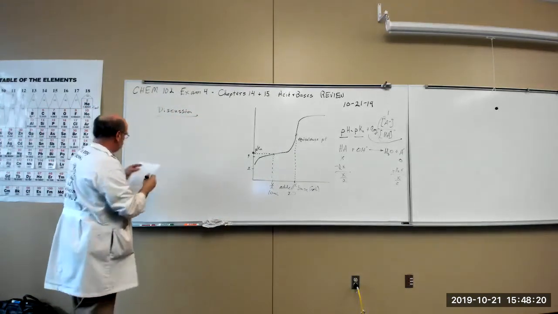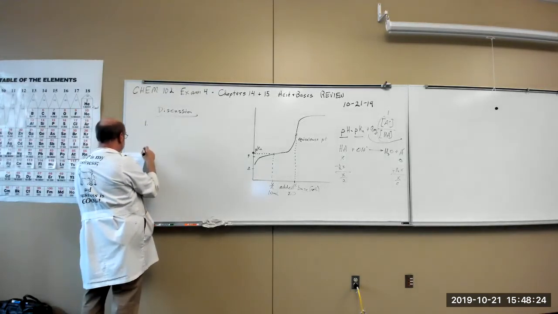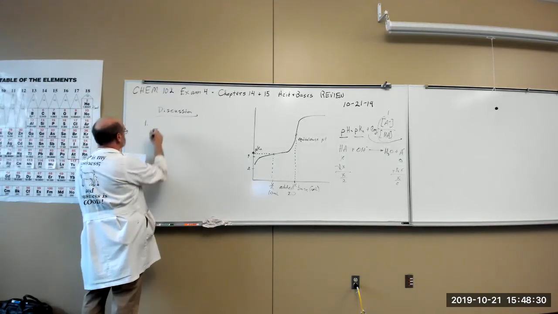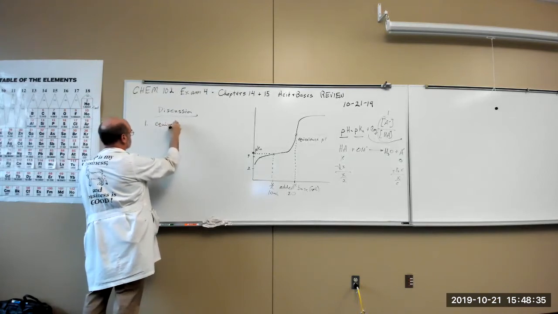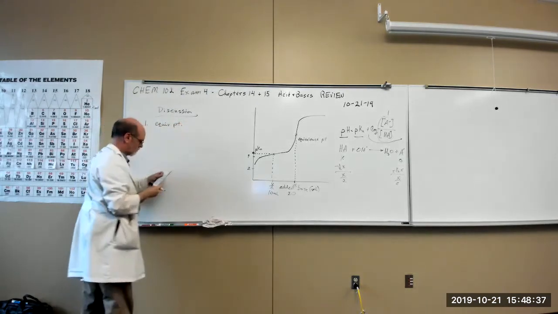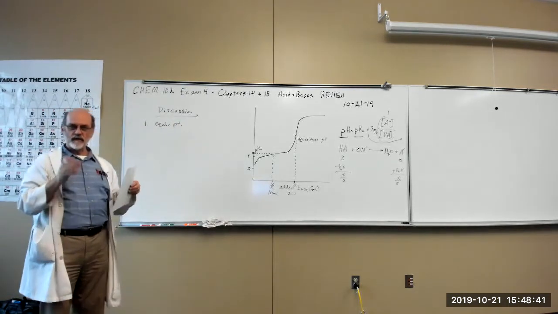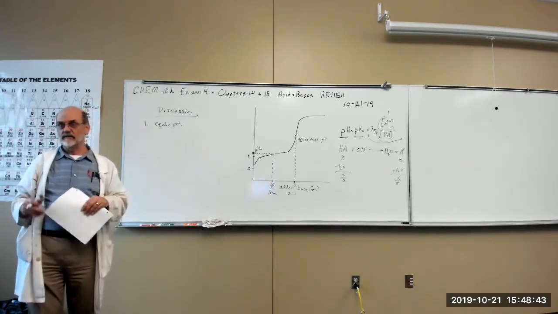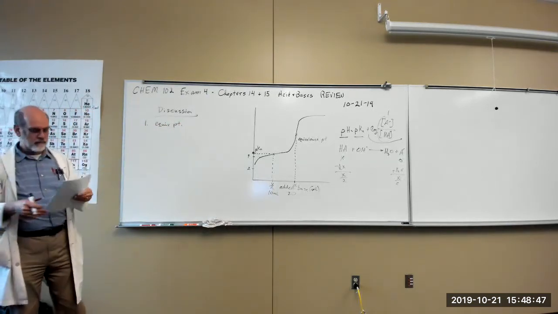All right. So this is really just the definitions. Define these terms. So what's the equivalence point? That's the point in a titration where the moles of acid equals the moles of base. They're exactly equal.